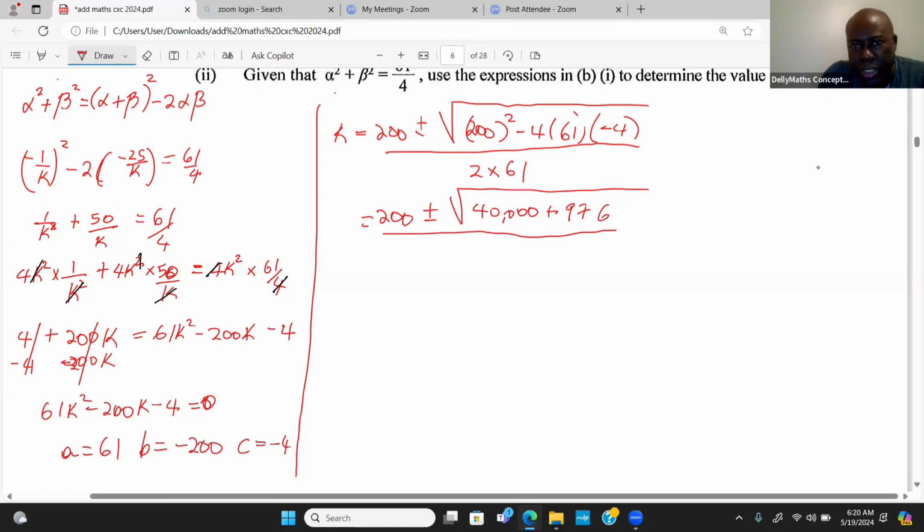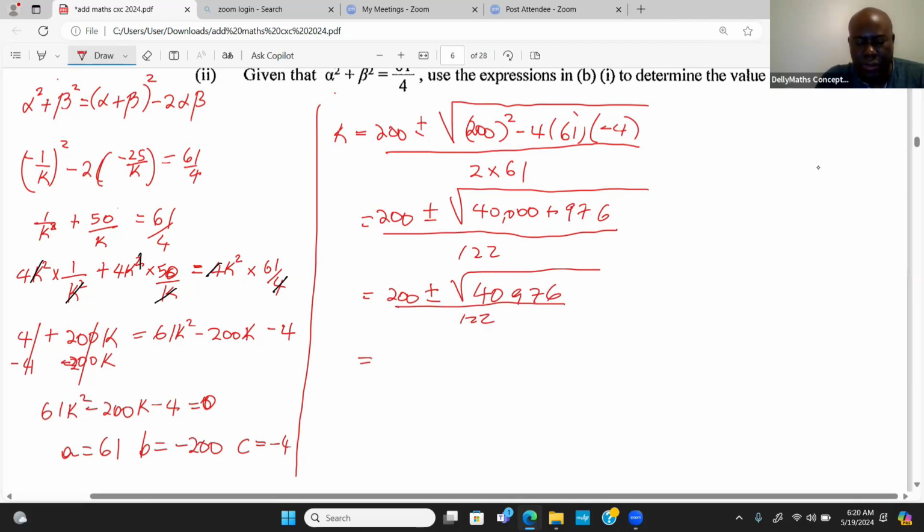All of this will be over 2 times 61. That's 122. Let's keep going. This is still 200 plus or minus the square root of 40,976 over 122.